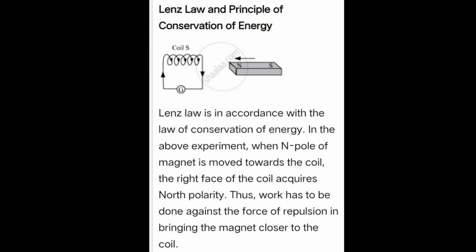To explain Lenz's law in accordance with the law of conservation of energy, we consider an example, or you can say a very simple experiment, in which we have a bar magnet and a coil which is attached to a galvanometer. In the above experiment, when the north pole of a magnet is moved towards the coil, the right face of the coil acquires north polarity as per Lenz's law.